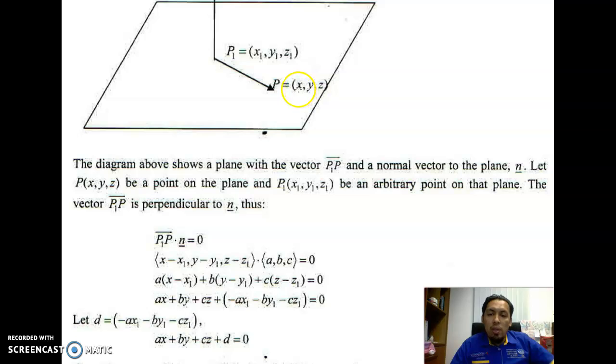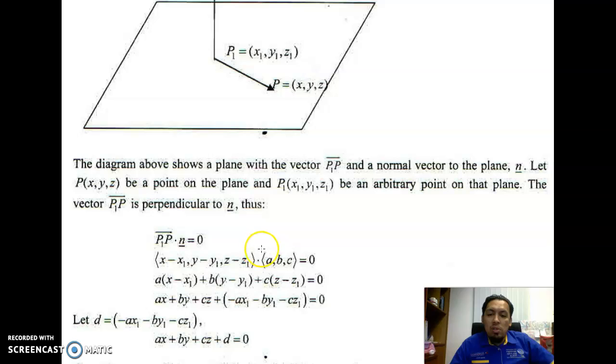For the vector of x it is x minus x1, for y it is y minus y1, for z it is z minus z1. That's why we have this instead of a number. It is just in a general form. If we know the numbers, of course we can subtract, but we actually don't know them, so we just arbitrarily put it like this. And for n here, we will have a value later, but for now we just put a, b, c.